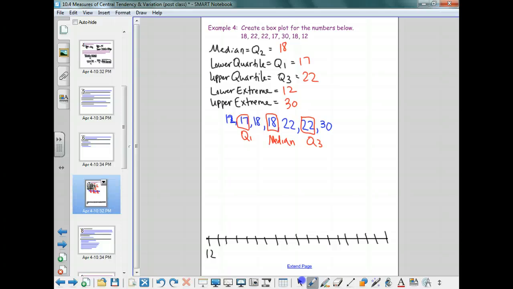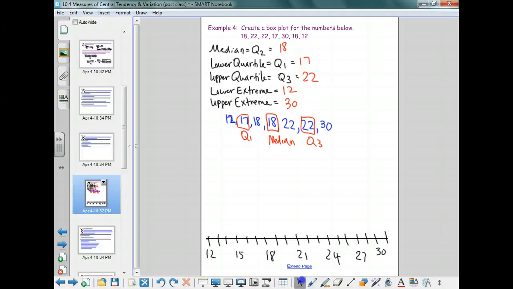All right, so here's 12, 13, 14, 15. They do not all have to be labeled, but having a few of them labeled to give yourself some perspective would be a good idea.